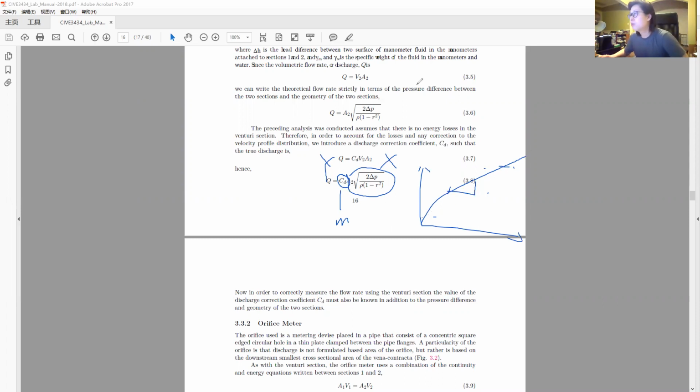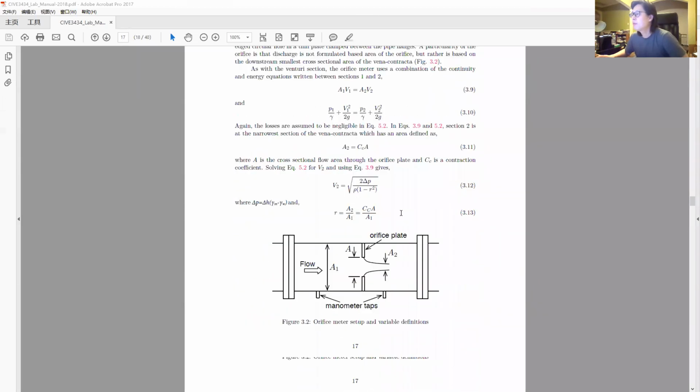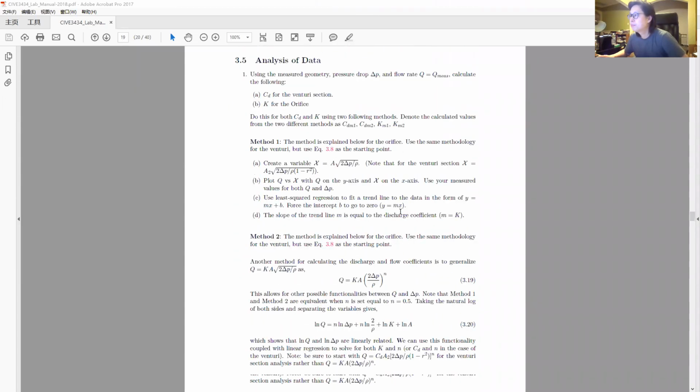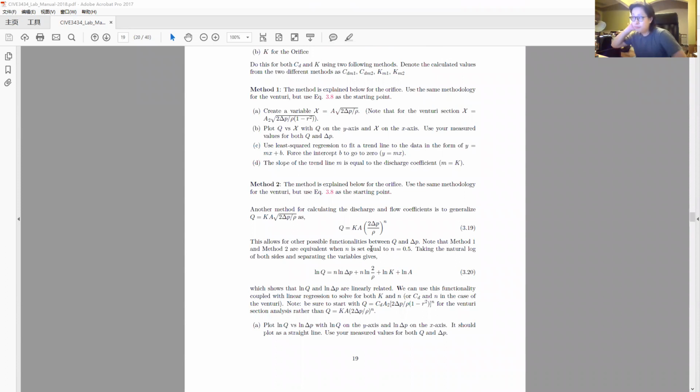I think this part is straightforward, but for the second part, it's a little bit different.